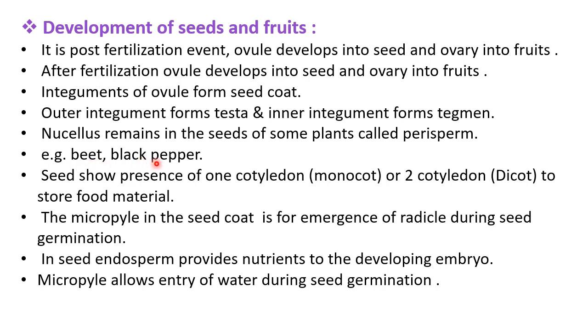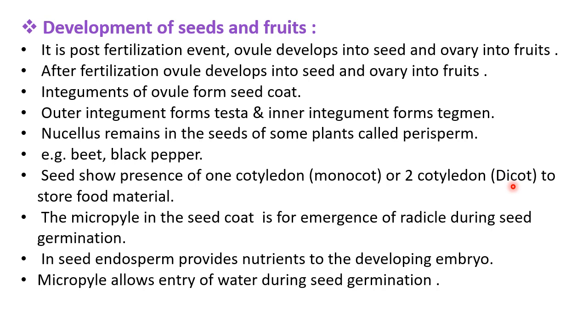The seeds of some plants show presence of one cotyledon, that is monocot, or sometimes two cotyledons, that is called dicot. These cotyledons store food material.